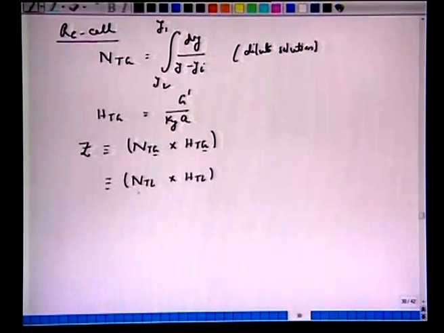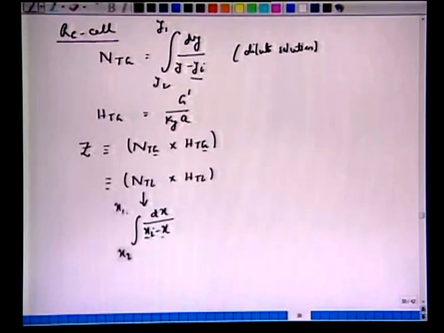So, in other words, this NTL can be shown to be equivalent. Leave this as an exercise, just make an analogy between the gas phase and the liquid phase. One can also obtain this as the integral from x2 to x1 of dx over xi minus x. So, see the difference: y minus yi, now we have xi minus x, and that means we have neglected the factor 1 minus x1 over 1 minus x2 as 1 for very dilute solutions.